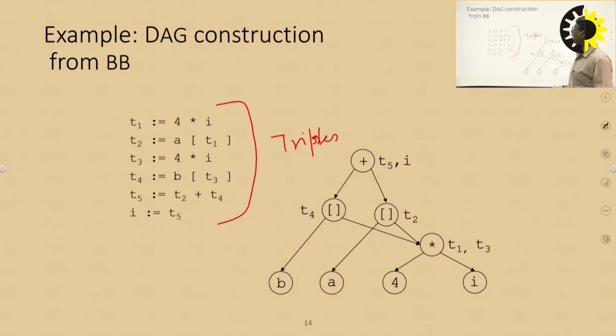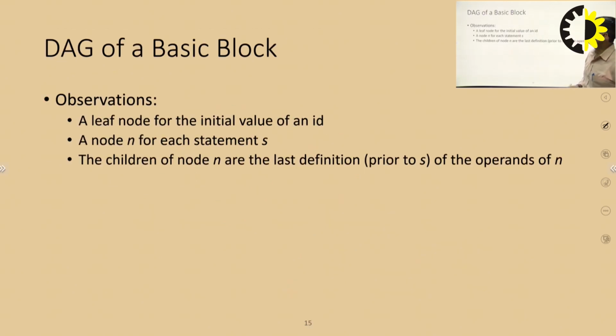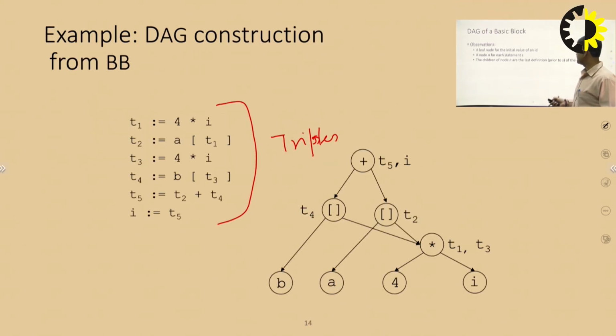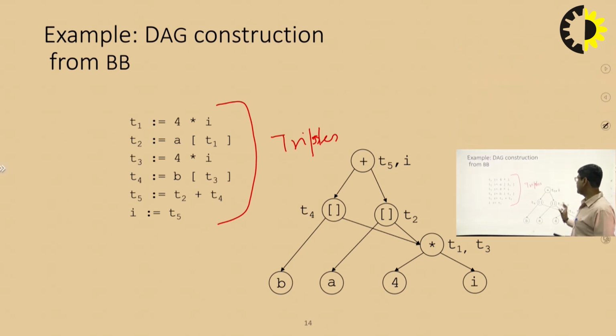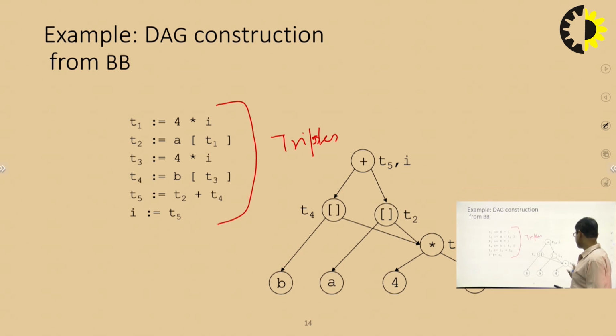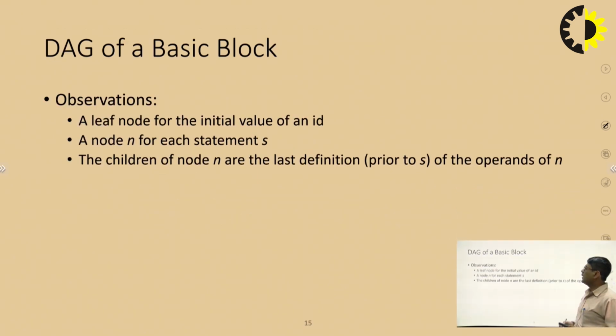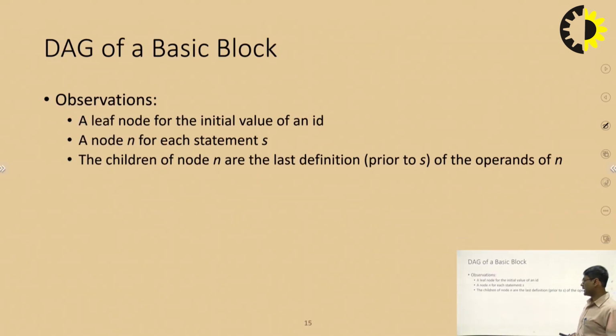Now, how can we optimize this? What are the observations? A leaf node for the initial value of an ID. You will see that for the initial value 4 into I will be taken, and leaf values are associated with 4 into I. A node n for each statement S. The children of node n are the last definition prior to S of the operands of n.